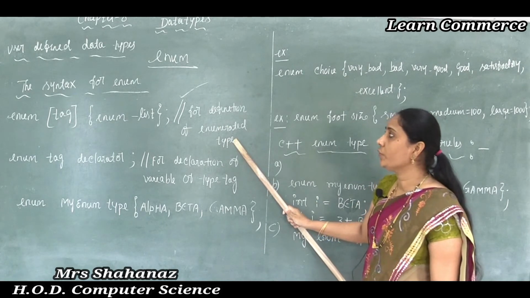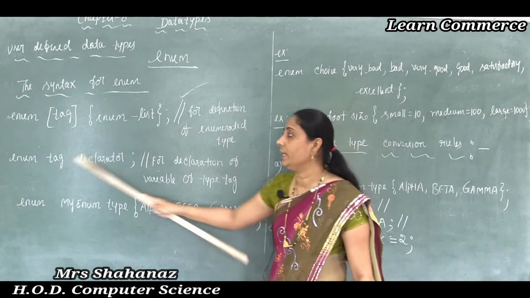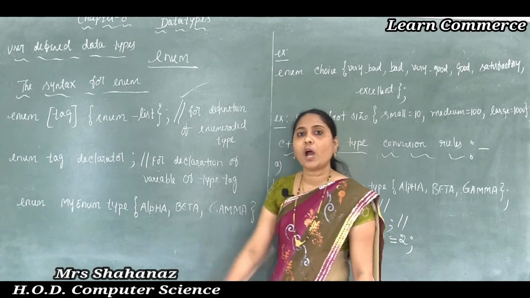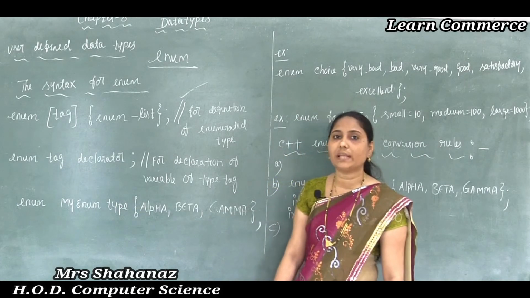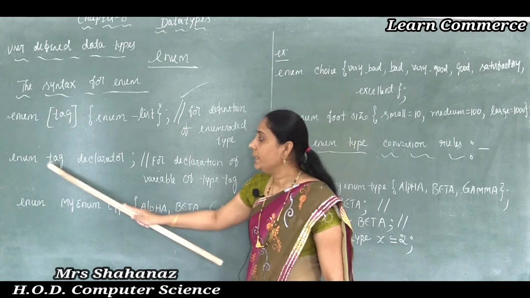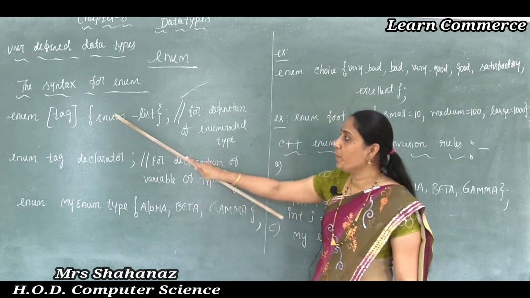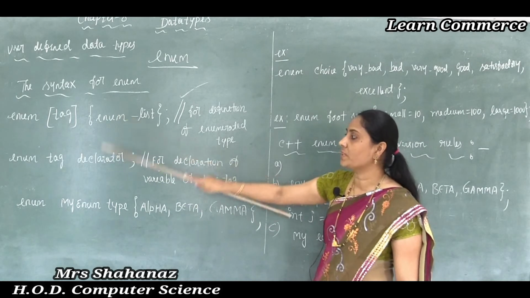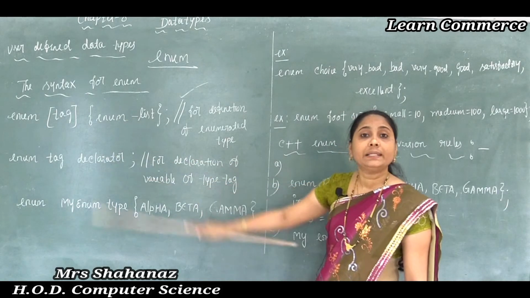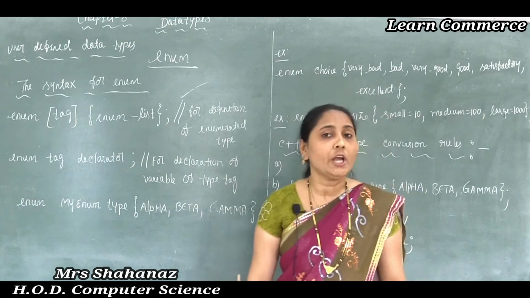So before defining, we should declare the tag. Clear this point here? How to write the syntax for the tag? It is enum tag declarator. Before writing this line, first of all we need to declare the tag of the enum. Remember it.